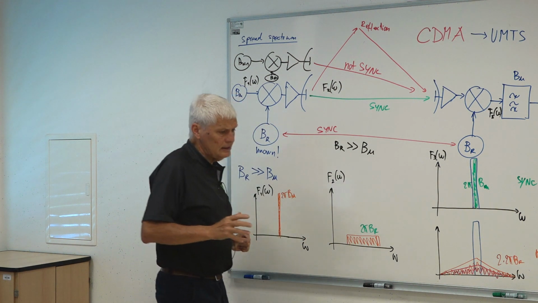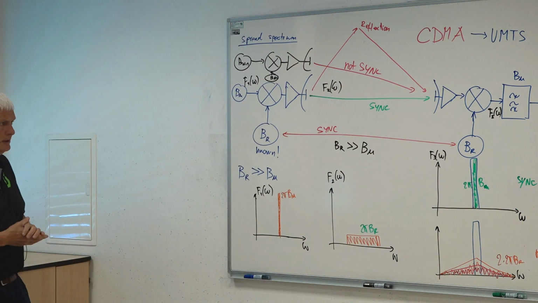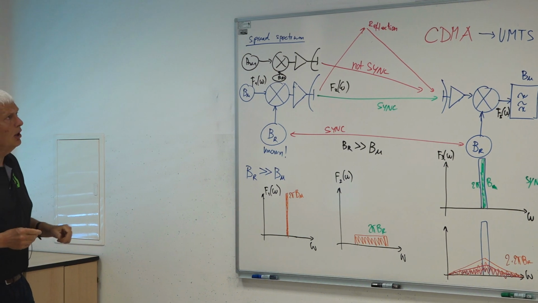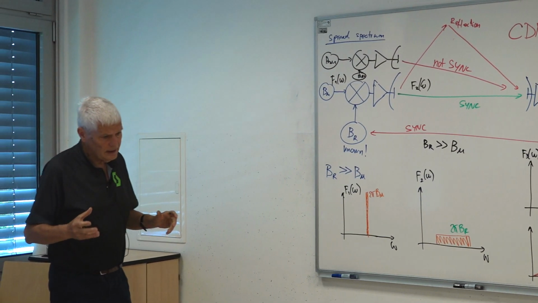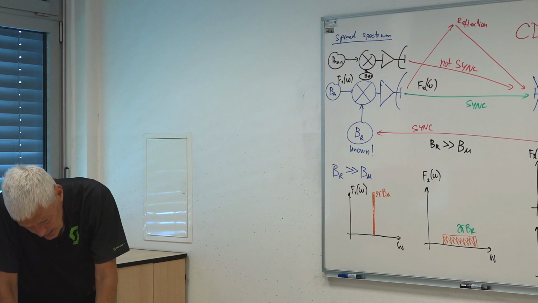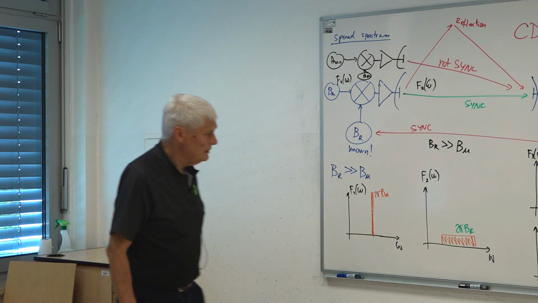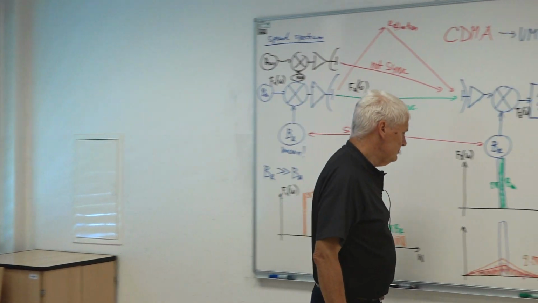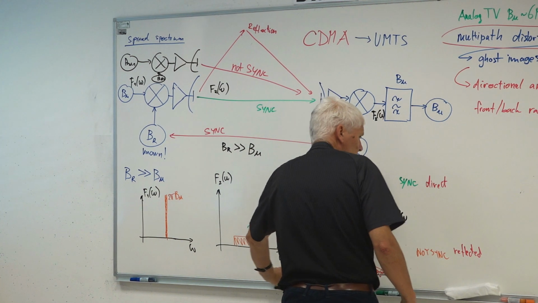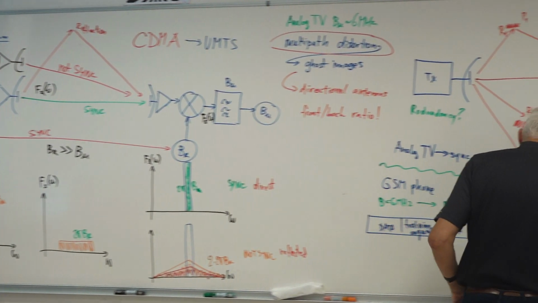So it was difficult to build UMTS, and it was not very efficient. This is just to go through the complete explanation of what was being used in the past. So the signal to noise ratio here is going to be rather poor. Yes, we can do communication, but the signal to noise ratio is poor.